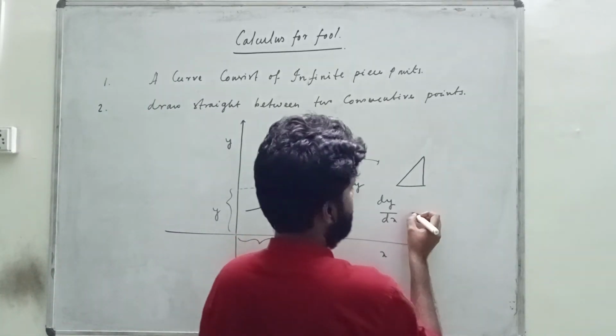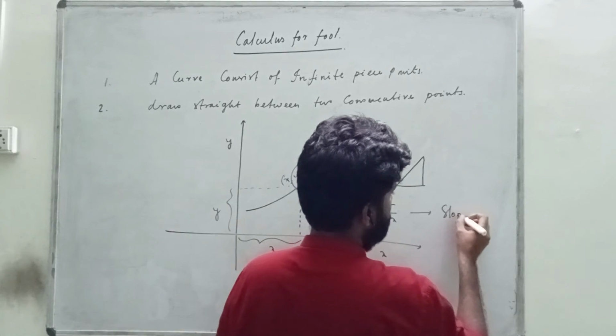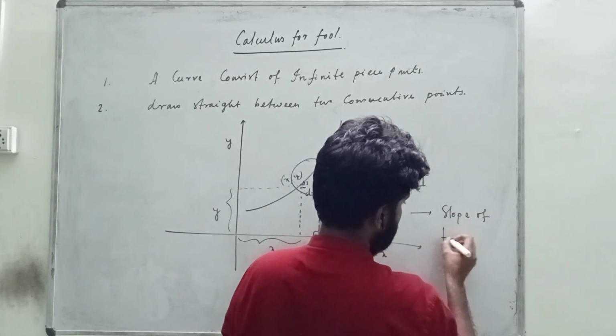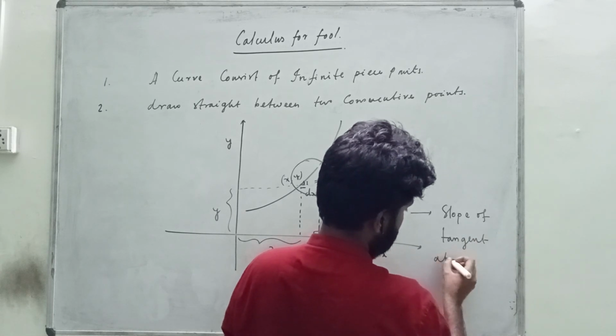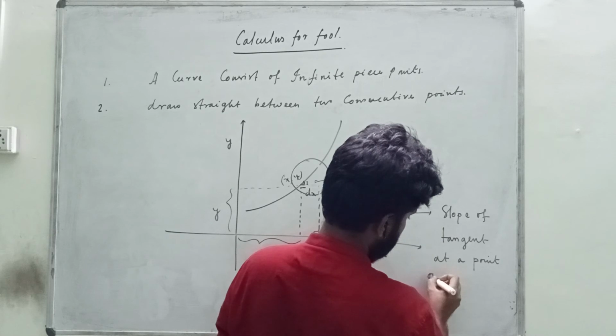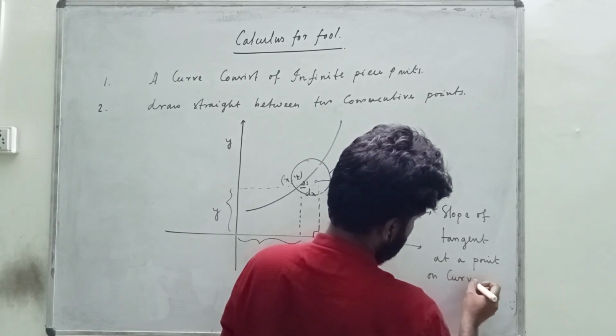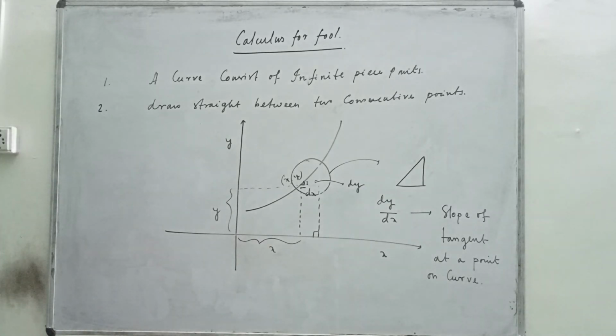So dy over dx means the slope of a tangent at a point on a curve.